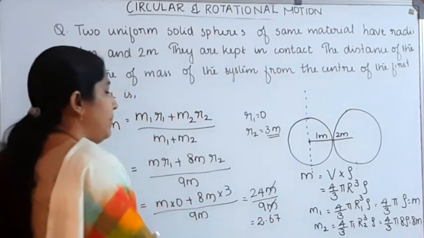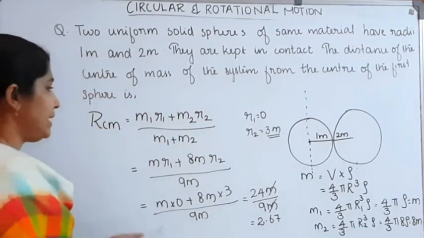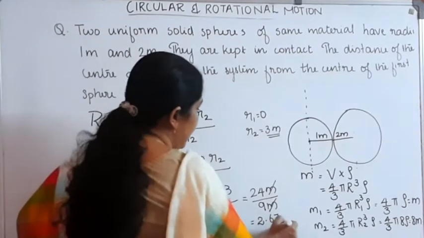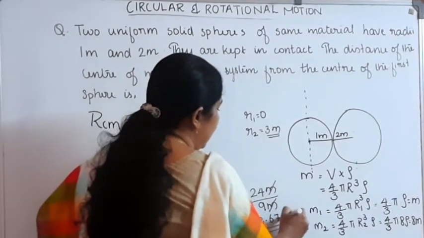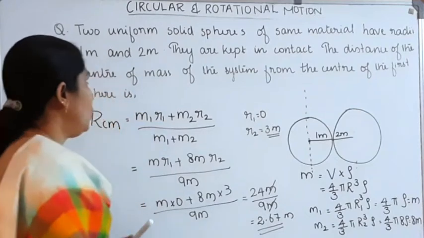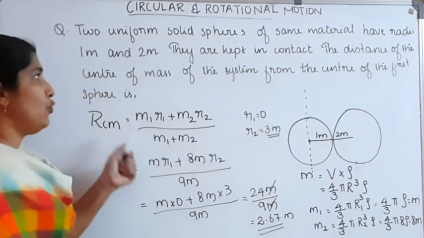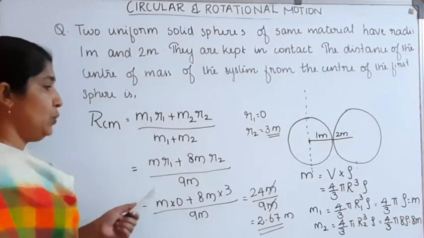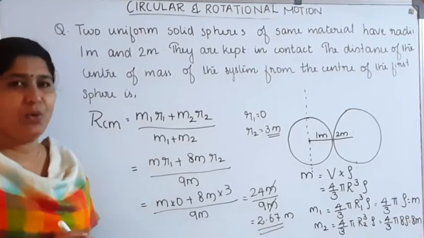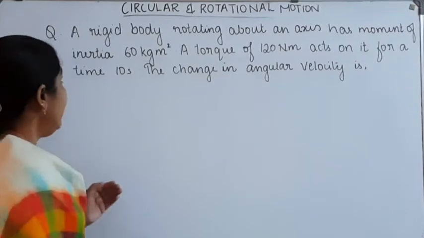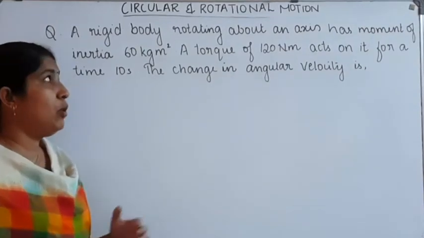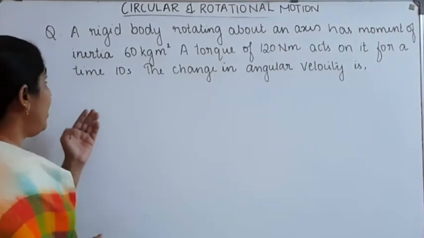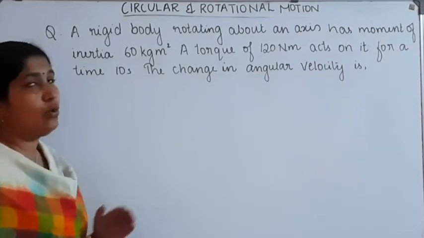So 2.67 meter is the distance of the center of mass of the system from the center of the first sphere. Okay. Next question.